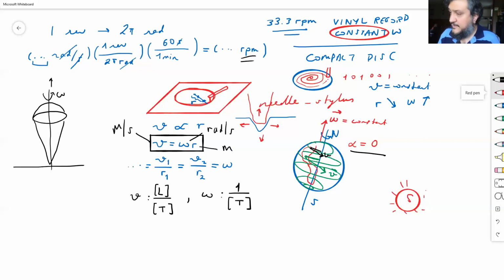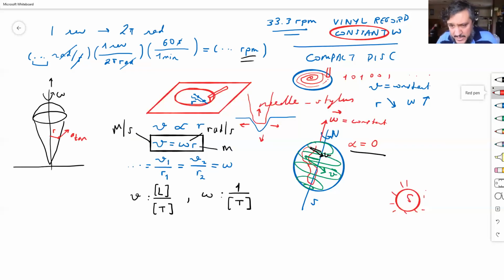If there is alpha, we know that a point you pick on the top will also have a tangential acceleration, a_t. Now for rotational motion, let's not worry too much about the radial acceleration. Of course it's there, but it won't really help us analyze the rotational motion.